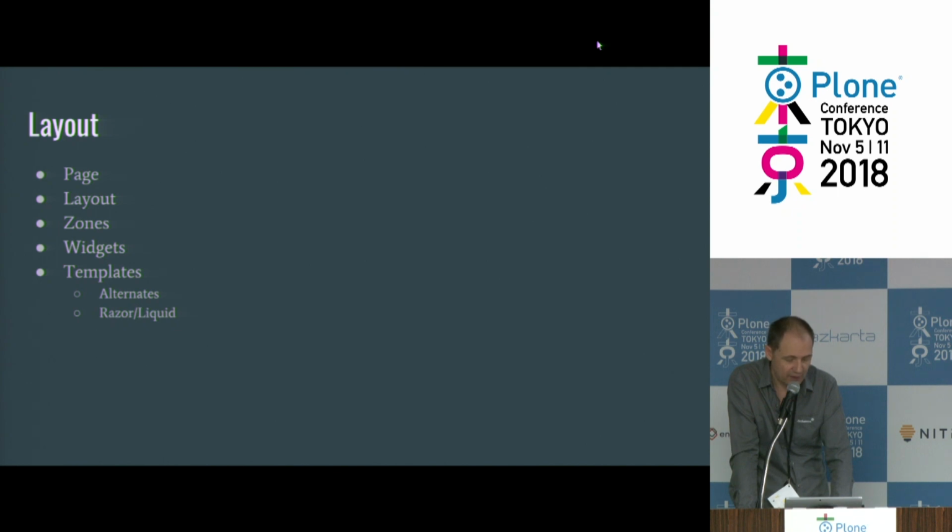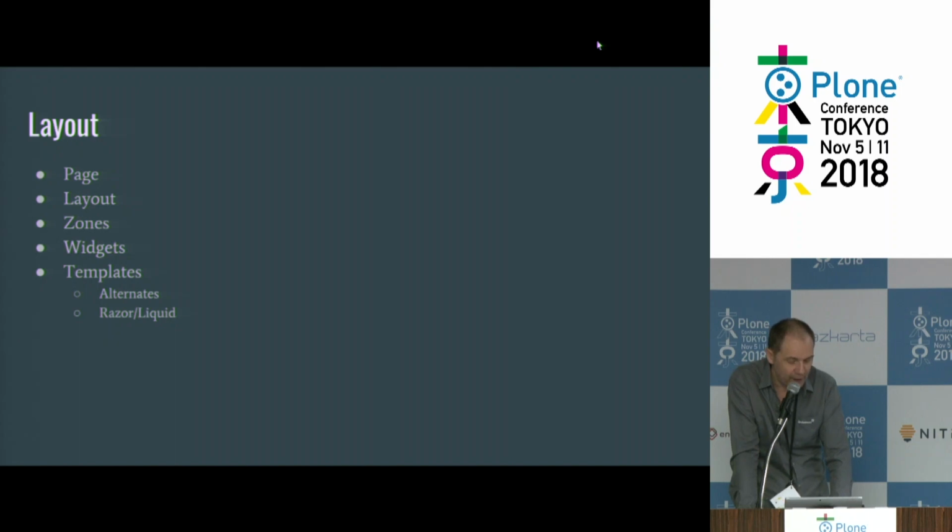A layout defines zones. You can place widgets on content types anywhere. You can use them in the layout of a page, for example. But you can also assign widgets to zones. So if you have a widget that is not related to specific content, but like a footer or something that is relevant across wide areas of the site, you configure it to show up in some zone.